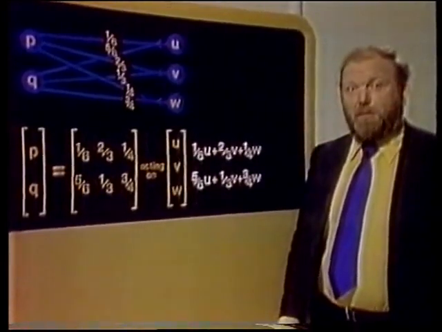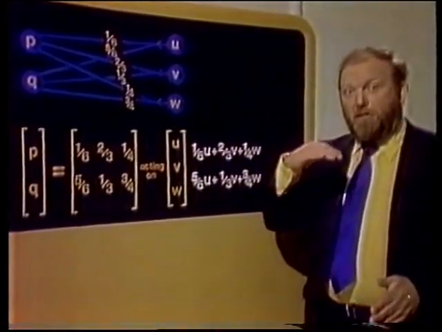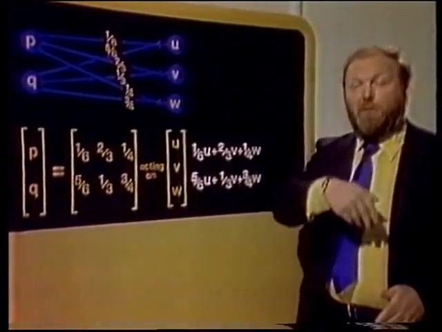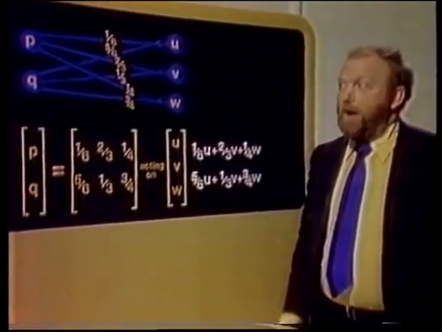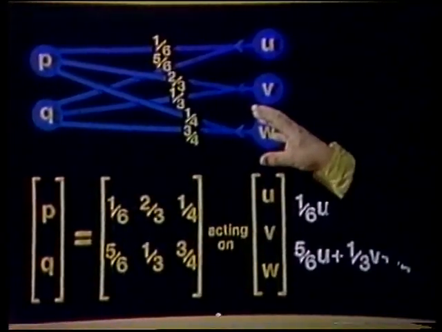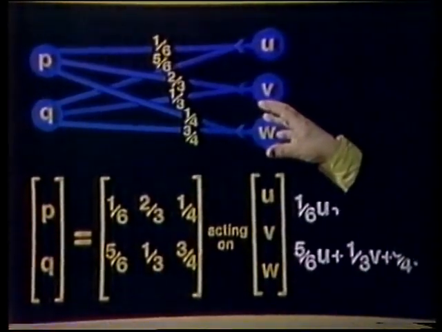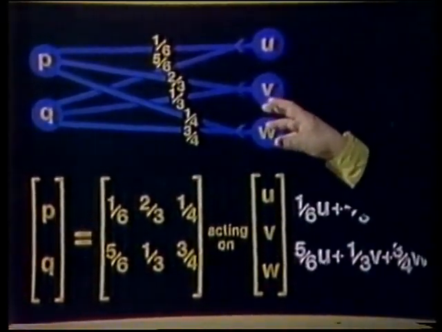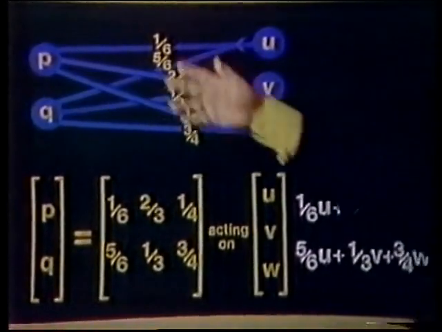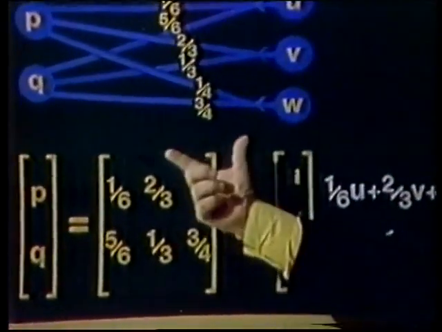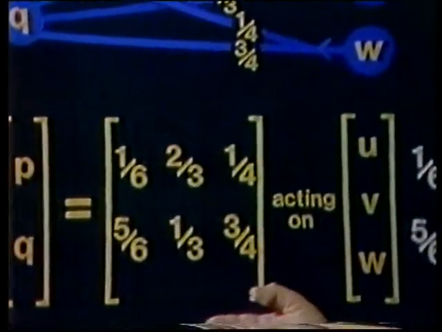Matrix acting on column means take each row of the matrix in turn and act with it upon the column. And that exactly mimics or models the action of a network. And it'll work for any network, no matter how many inputs or outputs, because we can always set up the matrix that describes it.